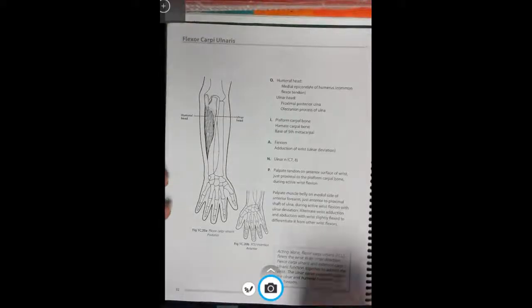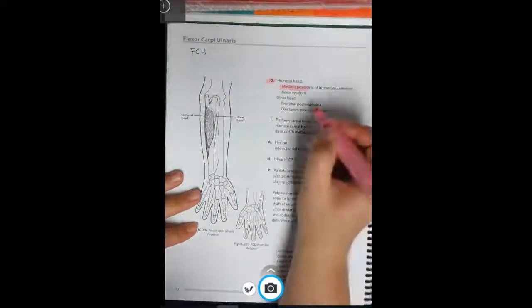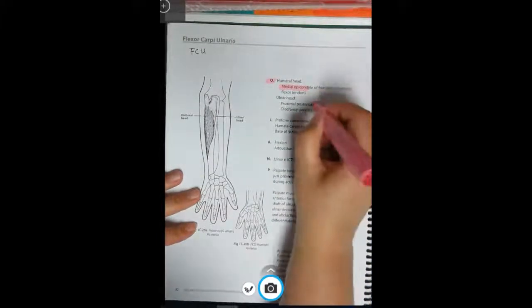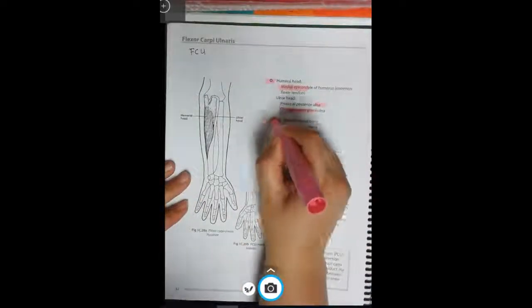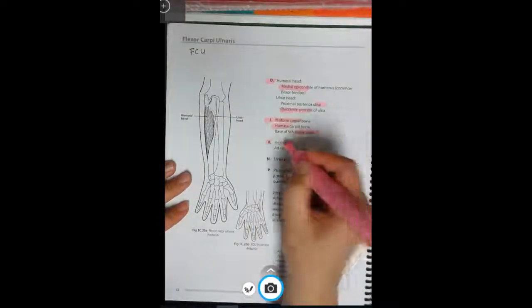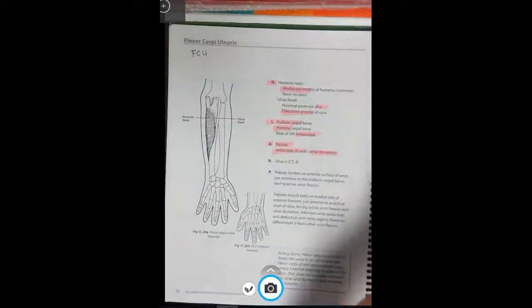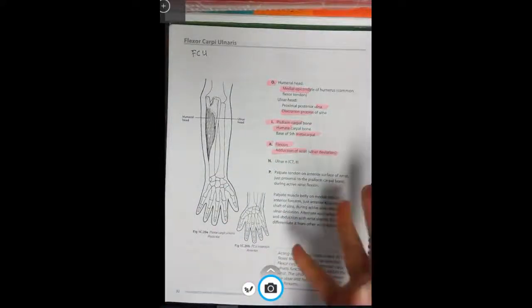Flexor carpi ulnaris. So again, you can do FCU. We're going to originate from the medial epicondyle and then the ulna and the olecranon process. We're inserting on the pisiform carpal, hamate, and the metacarpal. Actions are flexion and adduction, or ulnar deviation, and this is where you go toward your ulnar side or pinky side.